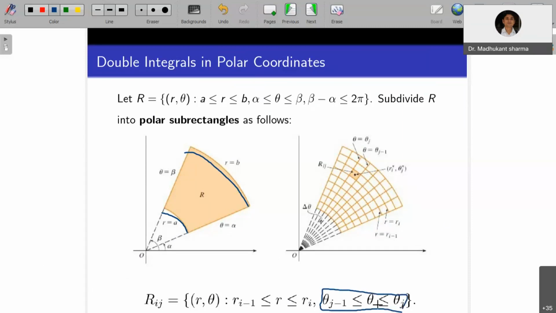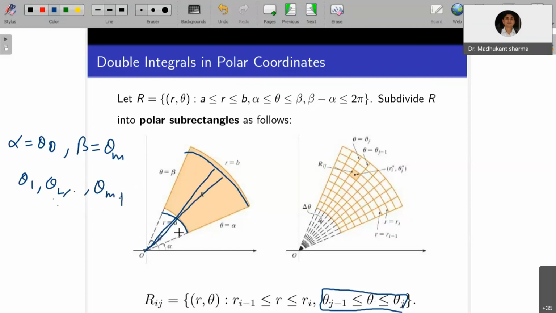So if you have alpha equals theta naught, and beta equals theta m, the final value, and in between you have theta 1, theta 2, and so on, theta m minus 1. I've told you already, these are angles, so they will identify the rays in between.